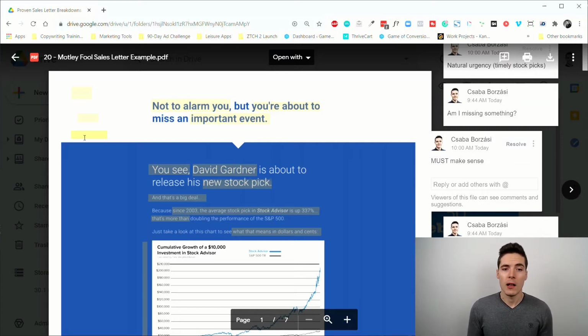we're talking about David Gardner, who's an expert in this niche, and it presupposes that the audience knows him. That's why I said it's a warm audience. But it presents David's stock picks, new stock picks, as the scarcity and urgency in itself. Because if you don't join now, then you're gonna miss his predictions, and the stock market is moving so fast all the time.